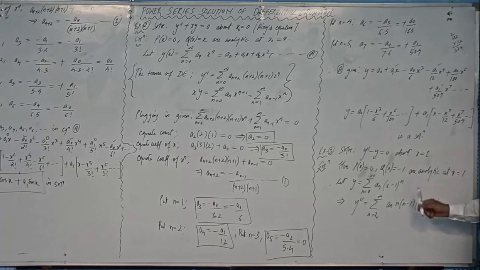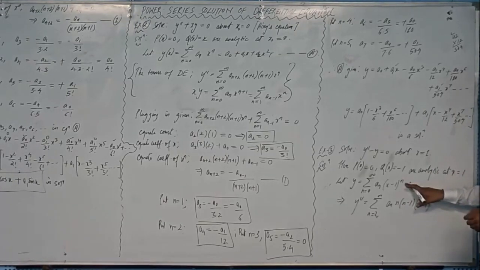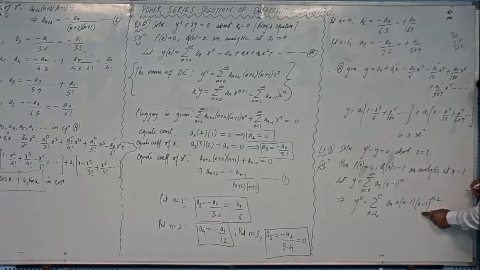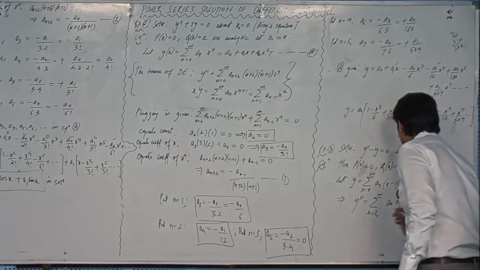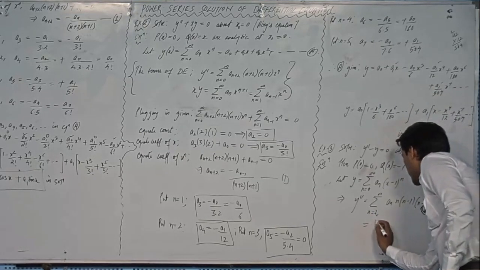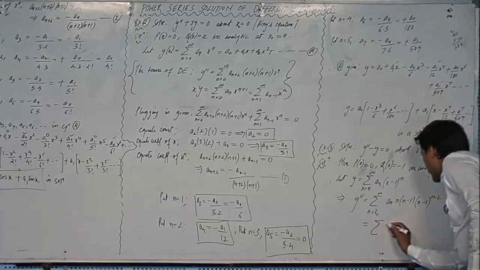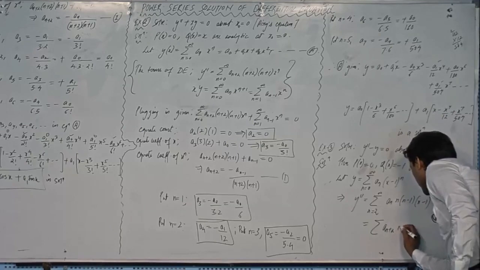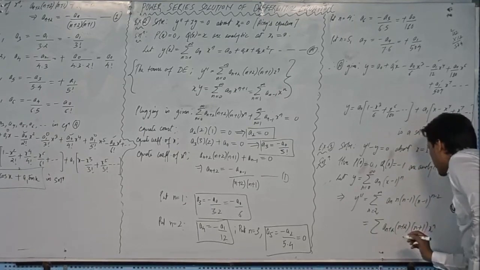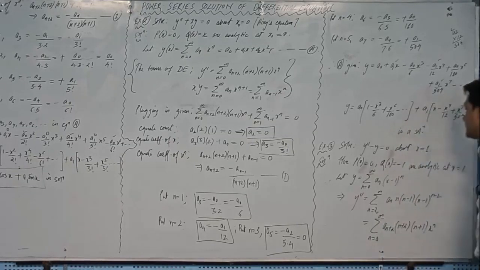But I need both of these terms in powers of x minus 1 whole to the power n in terms of nth power only. So I will scale up this term, or I will write it here only, equal to summation, scaling it up by 2, a n plus 2 n plus 2 n plus 1 x to the power n, and now I can start with n equal to 0, right?